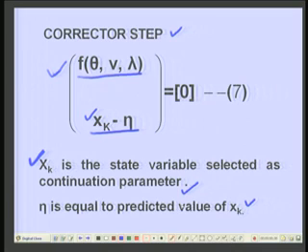The continuation parameter xk is one of the state variables, and its value is set equal to the predicted value of the continuation parameter. Therefore you have added one additional equation, and this set of equations can be solved by a normal load flow to get the solution. This is what is called the corrector step.